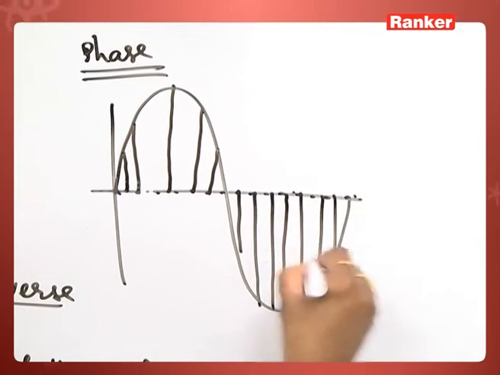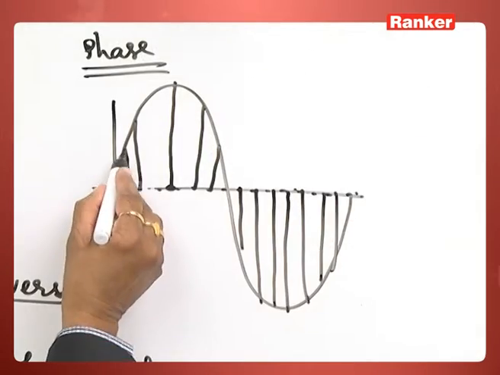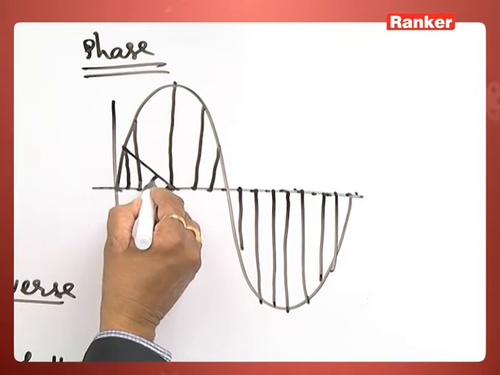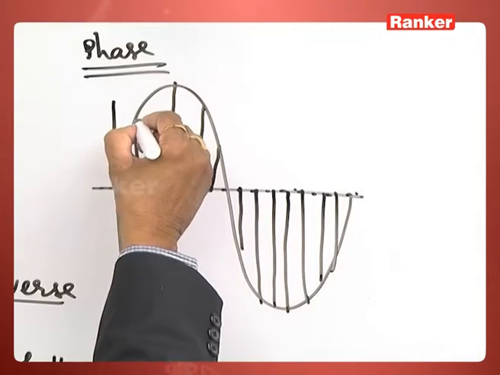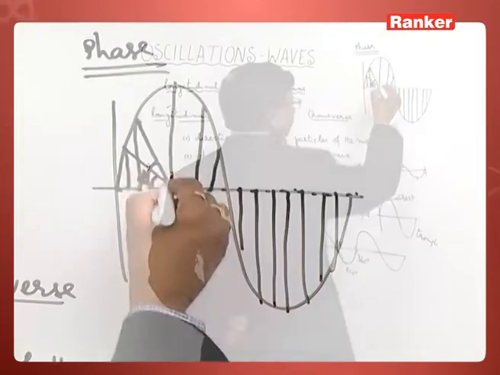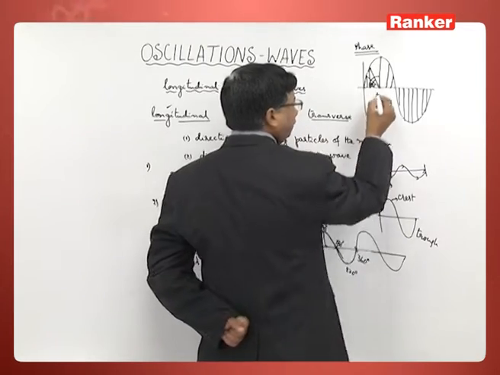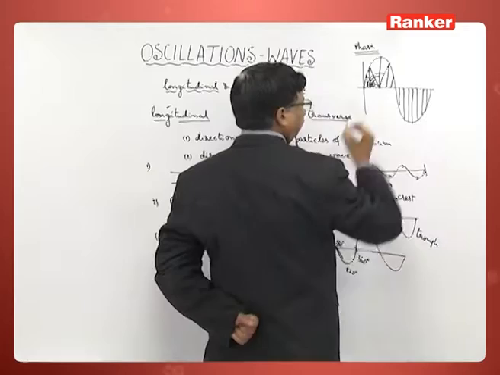Considering this point, if the particle is vibrating to this extent, you just join these two, and this angle we call the phase. Suppose the particle is moving to that extent, this angle is called the phase. If the particle goes to this extent, this angle is called the phase. If it is going till this extent, this angle is the phase.